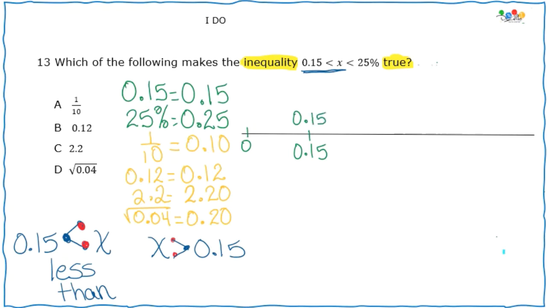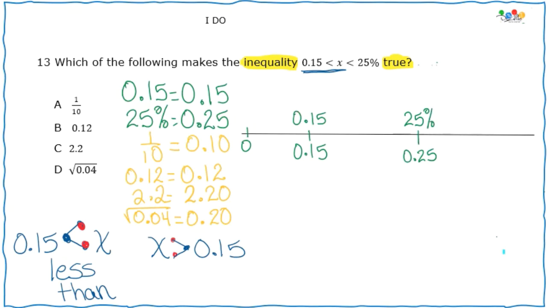And what's the next number that was given to me? 25%, right? Which is 0.25. So I'm going to place it somewhere over here on the right side, of course, right? And that is equal to 25%. So those are the two numbers that were given to me, right?